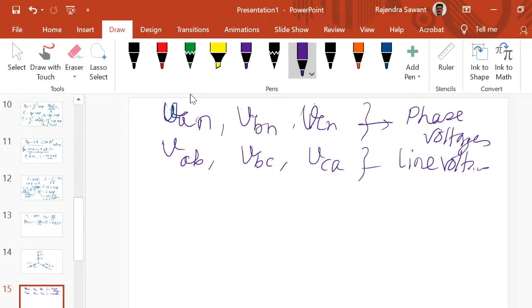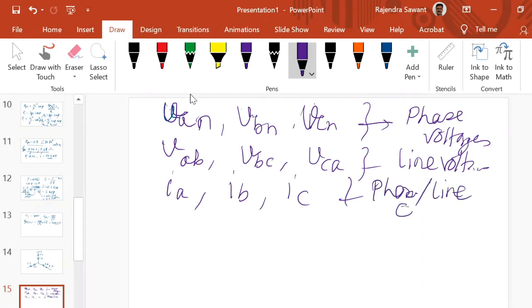We have IA, IB, IC as phase or line currents. Then how do we calculate P? P can be found by this equation as the instantaneous products of VA, IA plus VB, IB plus VC, IC.